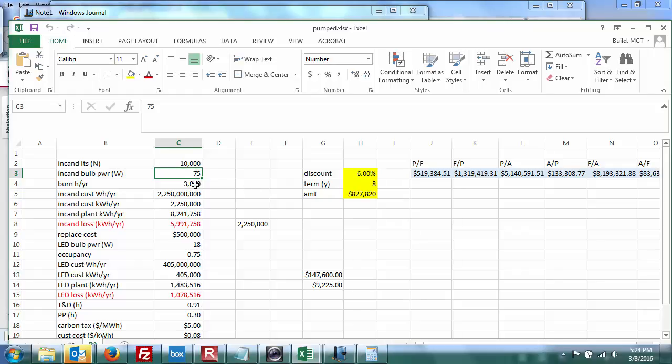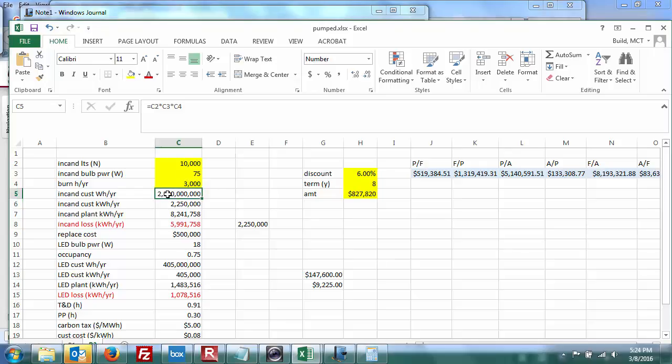Burn hours per year, 3,000, got that. So these are just numbers that go in. I think what I'm going to do is make those yellow. The LED operating hours is 2,250 because of the... Yeah. So right now, this is just input.